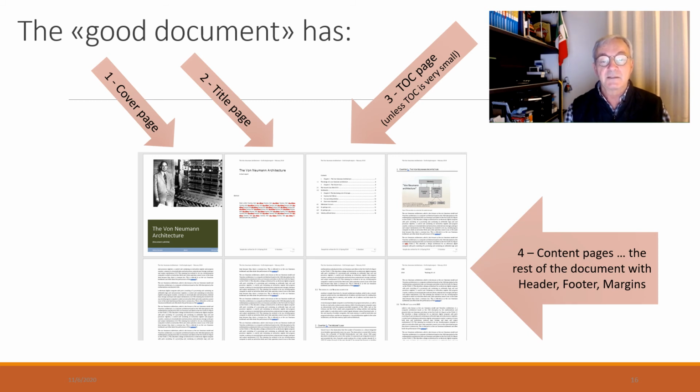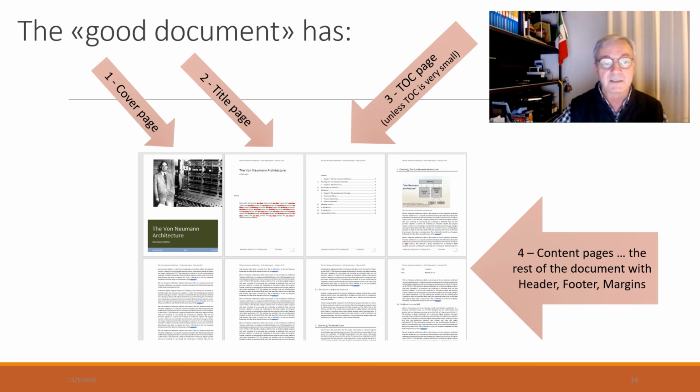After that, I want to have the table of contents. Sometimes the table of contents can be at the end of the document, but for these classes, I prefer you start doing things as I want and put the table of contents at the beginning of the document. And then you have the content page.